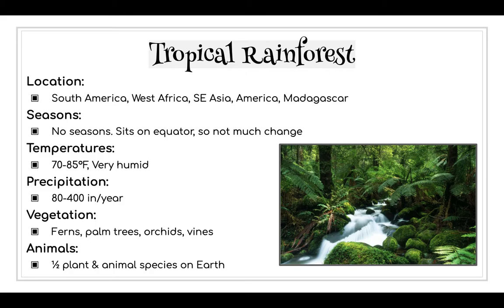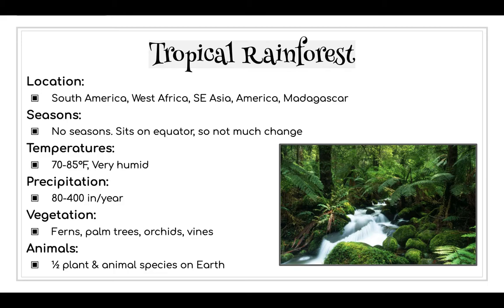There are no real seasons because it sits so close to the equator that the Earth doesn't change that much. It's constantly getting hit with sunlight, so the temperatures don't range much, from about 70 to 85 degrees. It's very, very humid. It rains a lot. This is the part of the earth that rains the most, anywhere from 80 to 400 inches of rain a year, which is a ton.